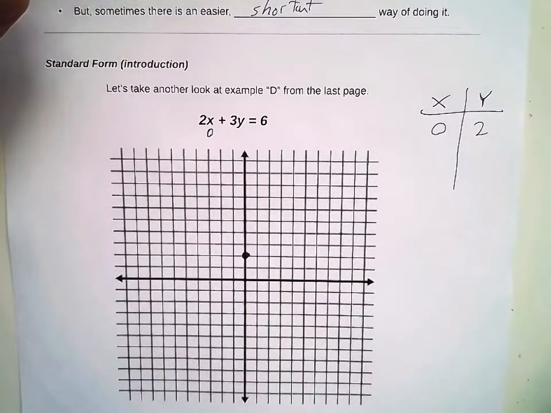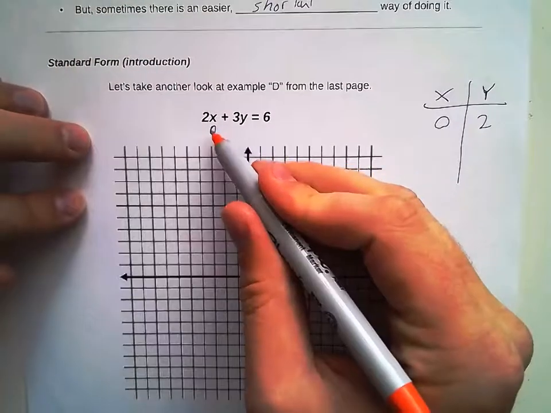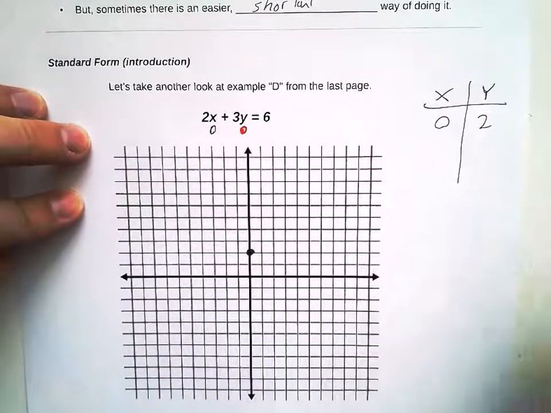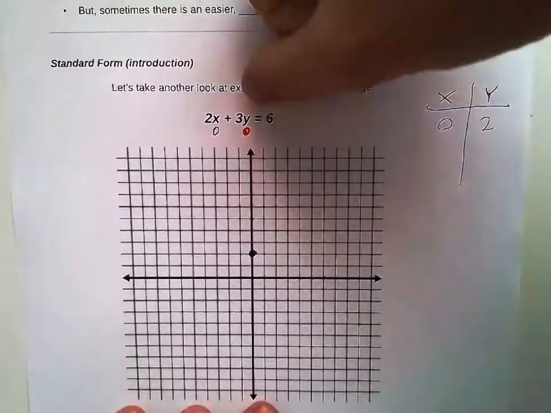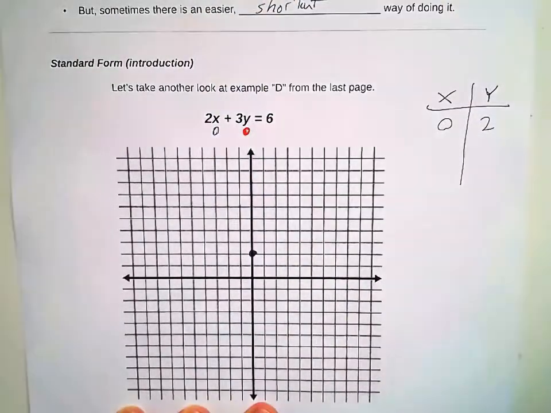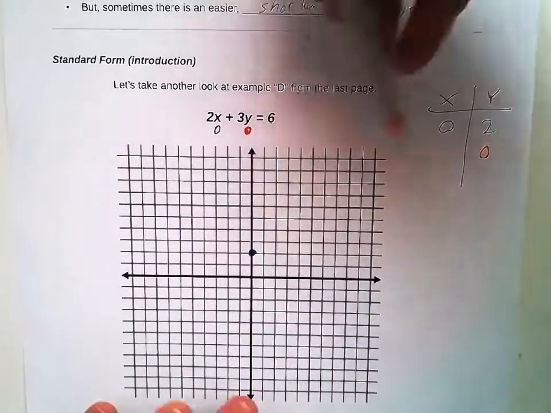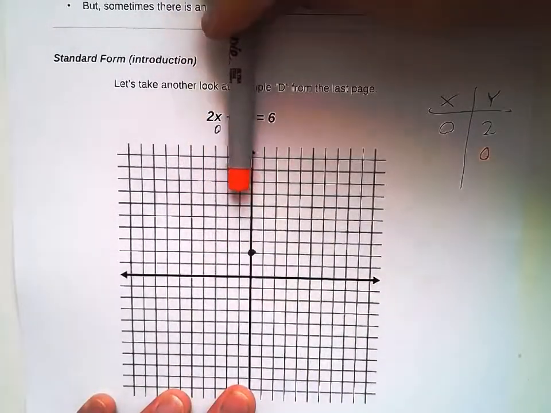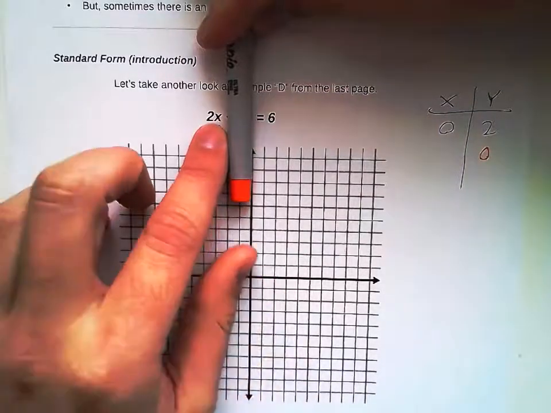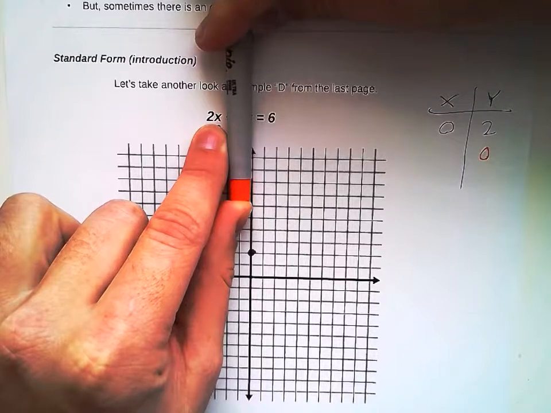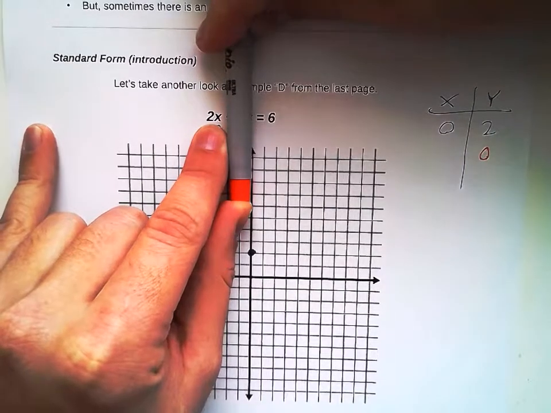But then what you do is, instead of saying what if x is 0, you say what if y is 0. If y is 0, then 3 times 0 is 0, so this whole part will be gone, and you'll just have 2x equals 6. 2 times what number is 6? 2 times 3 is 6.